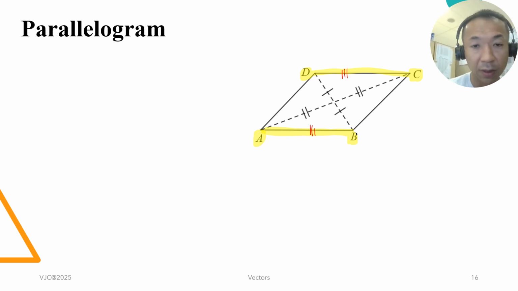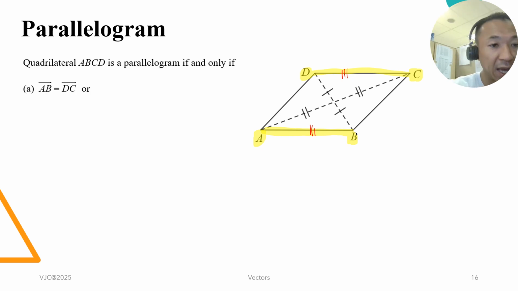Correct? Must be equal in length. So in vector form, vector AB is the same as vector DC.